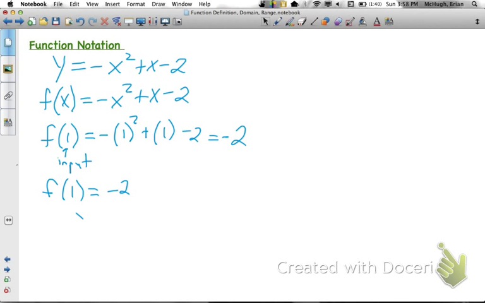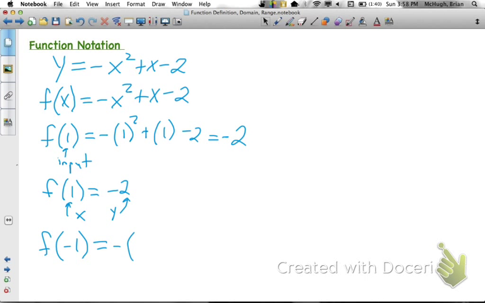We know our input, our x, is right there. We know our output, our y, is right there. So that's one thing that's nice about function notation: it includes both the x and the y all in one equality statement. If we did something like f of negative 1, what does that equal? See if you can figure that out with me here.